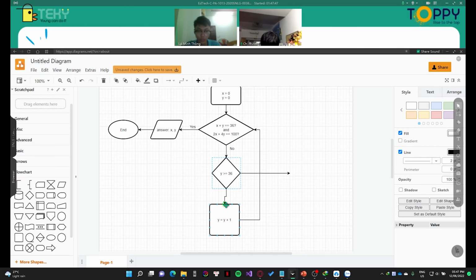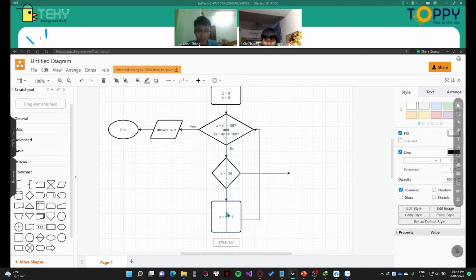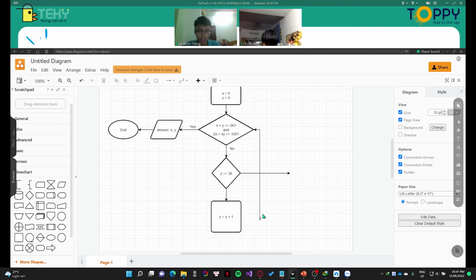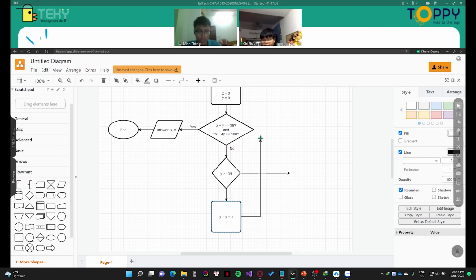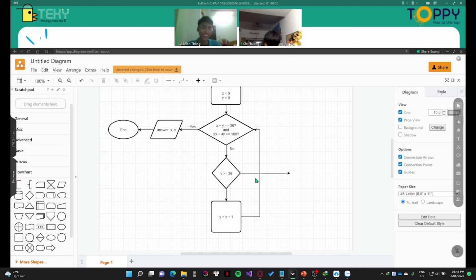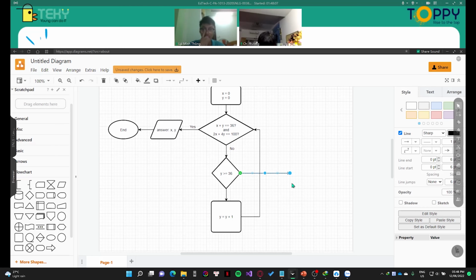Okay, so this arrow will become. That makes sense. Yeah. Okay. Yes, very smart. Because if you don't do it, the y will increase forever and not the x.